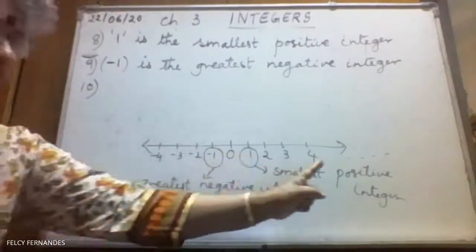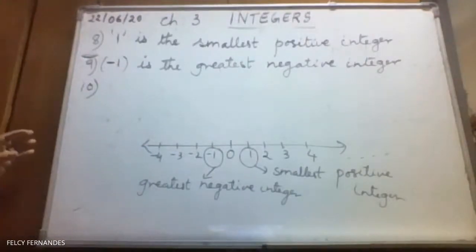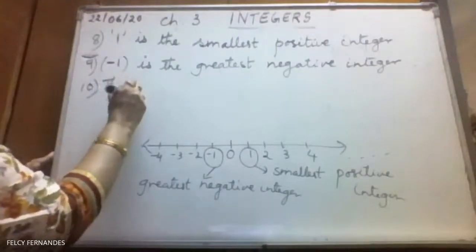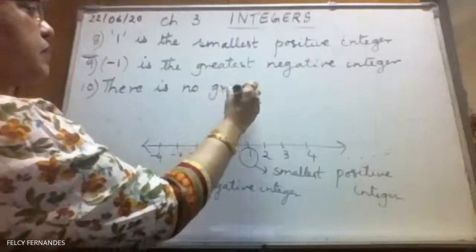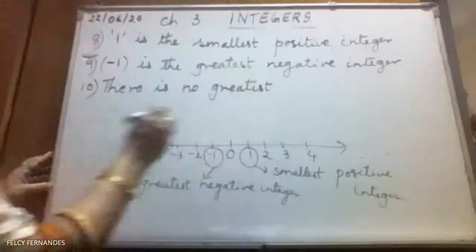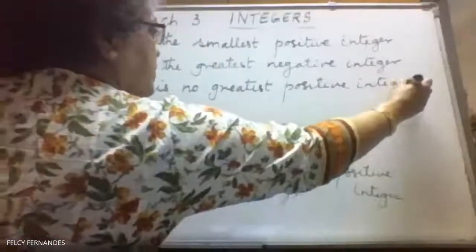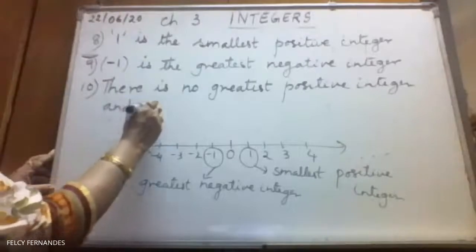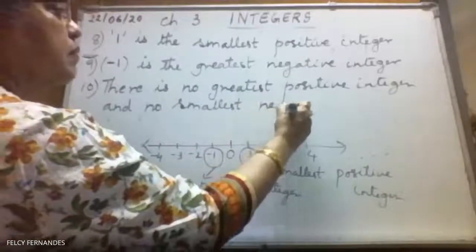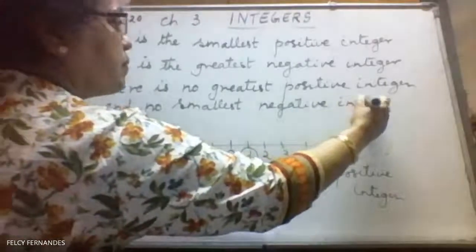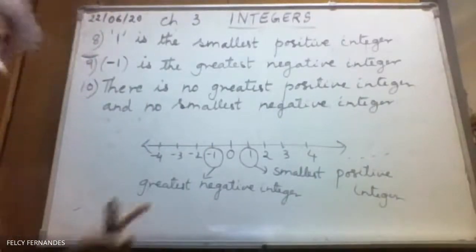And I told you there is no greatest positive integer and there is no smallest negative integer. Write the points till here after drawing this.